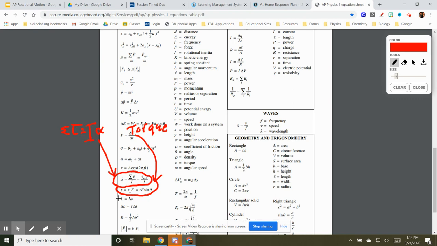All right, what's this one? Good job, Jerry. That's angular momentum for just one object, right? Not conservation yet.